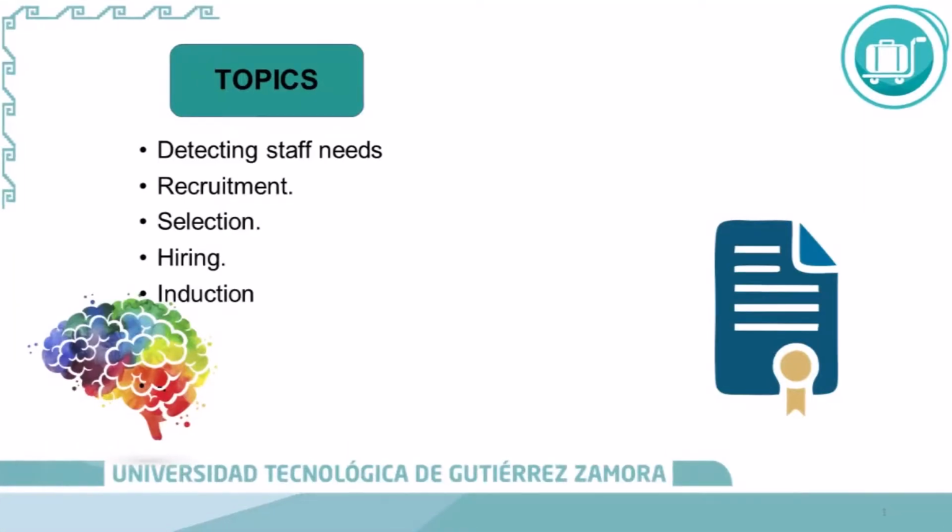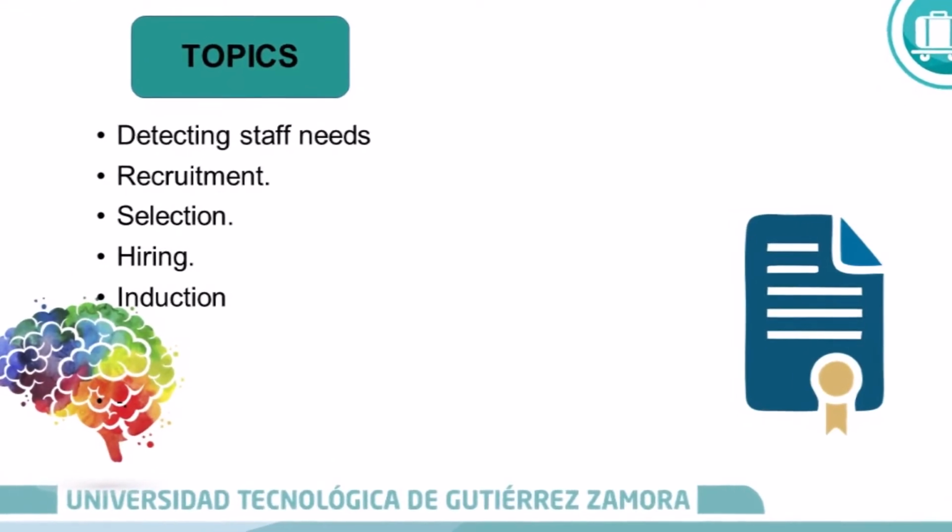Well guys, today we're going to continue talking about the human capital management. We started with this topic in last class and we said that the human resources or the human capital management has 5 steps. We talked about detecting staff needs. This is one of the most important parts because here we're going to know what are the needs of the company related to the staff, right?